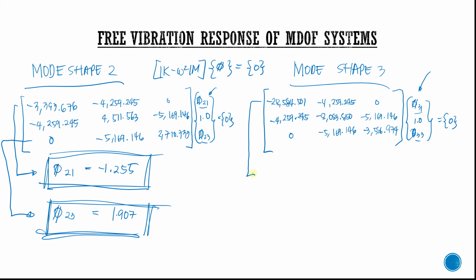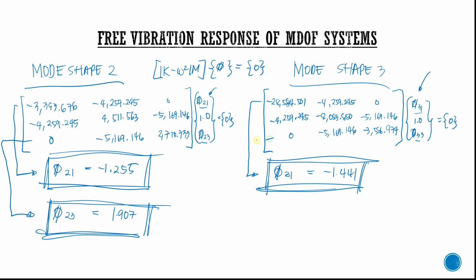Same also with our mode shape 3. From the first row, we'll be able to calculate the mode shape 3 for the first floor is equal to negative 1.441. And from the third row, we calculate mode shape 3 for the third floor, phi 33, is equal to negative 0.149.